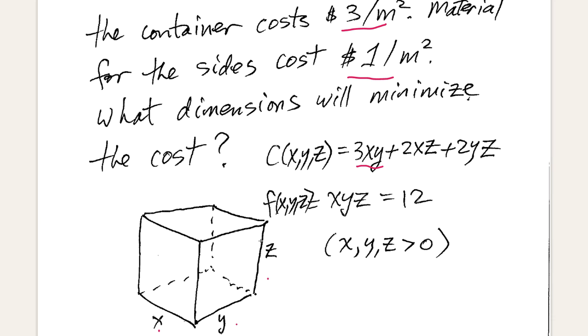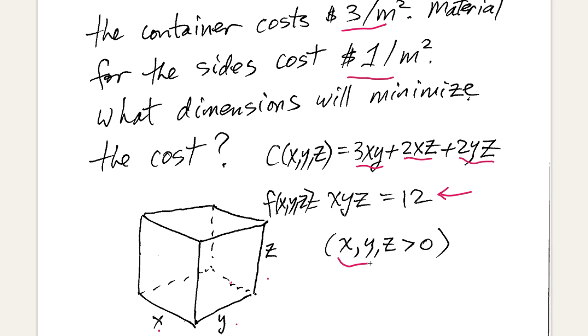Now on the sides, I've got an xz side, and I've actually got 2 of those, and those are $1 per square meter, so I've got 2xz for the cost here. Likewise, I've got 2yz for the cost of these sides. Now we've got this constraint that x times y times z has to be 12.